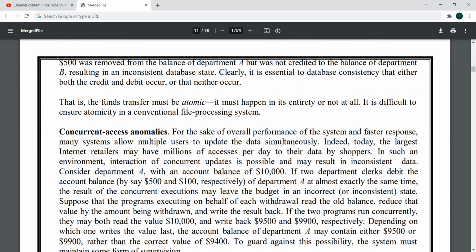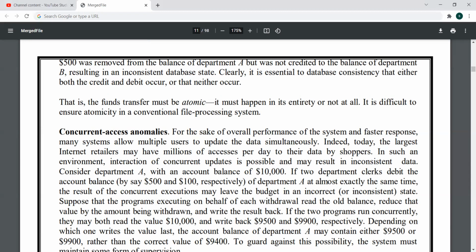Clearly, it is essential to database consistency that either both the credit and debit occur or that neither occur. That is, the funds transfer must be atomic. It must happen entirely or not at all. It is difficult to ensure atomicity in a conventional file processing system.